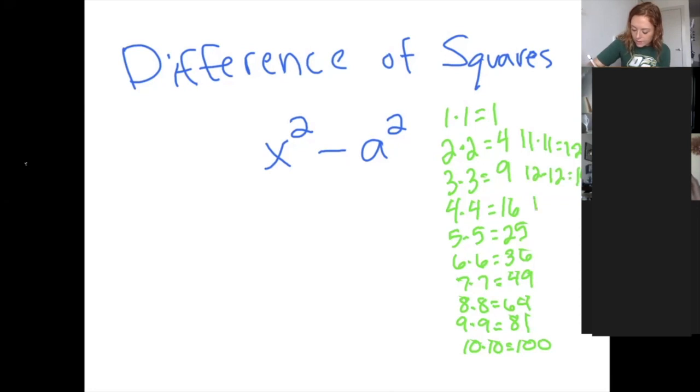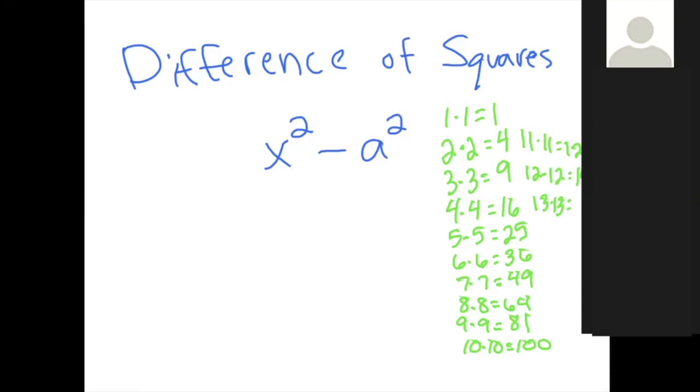Yeah, 144. The last major one, the one that you will always be expected to know in math, all the way up to college math. They're going to expect you guys to know your perfect squares pretty quickly, all the way up to 13. What's 13? 169. Yep.